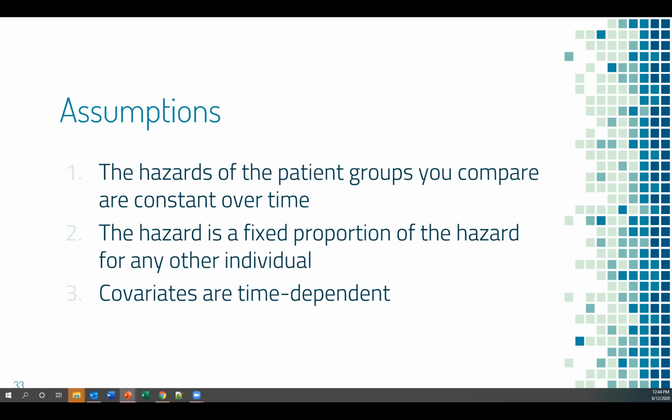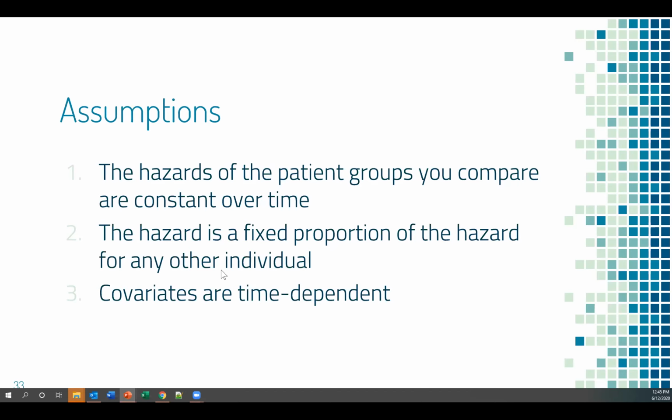Okay, and so the assumptions for this model are that the hazards of the patient groups you compare are constant over time. And what that really means is that the relative risk is constant over time. Number 2 here, the hazard is a fixed proportion of the hazard for any other individual.